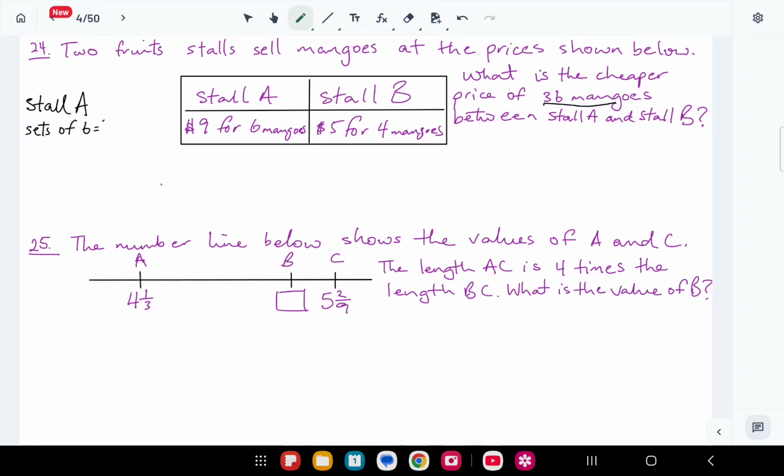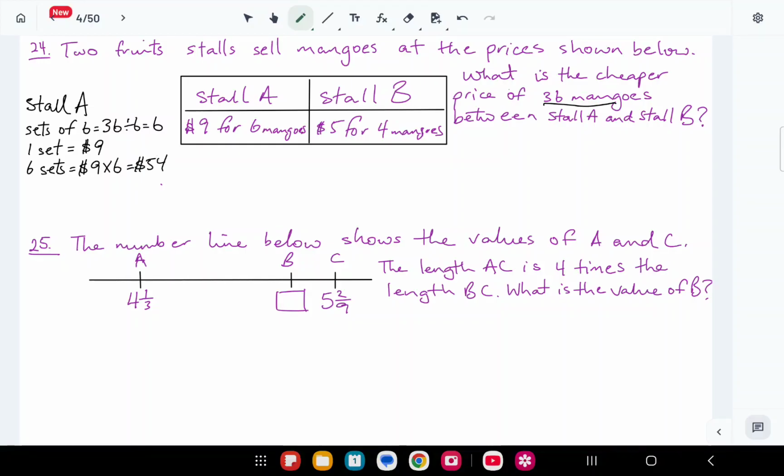So we say 36 divided by 6 is equal to 6. So you get 6 sets of 6. And one set costs $9. So for 6 sets, it will be the $9 multiplied by 6, which is equal to $54.